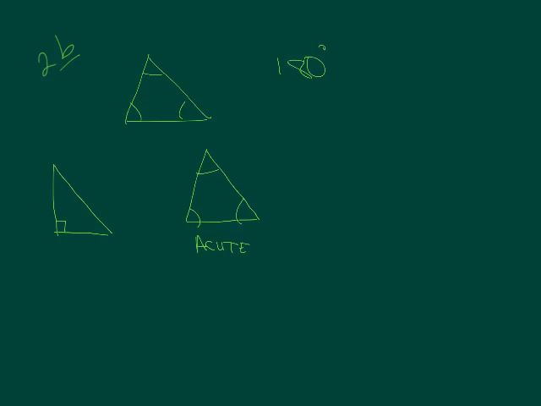If we have a triangle where one of the angles is greater than 90 degrees, like this one here, we call it obtuse.